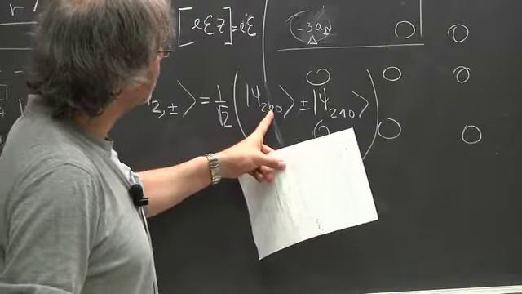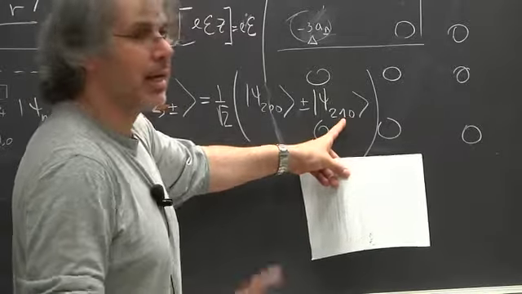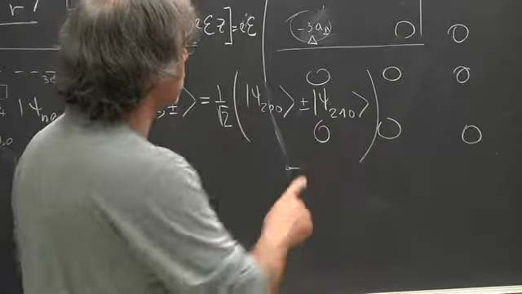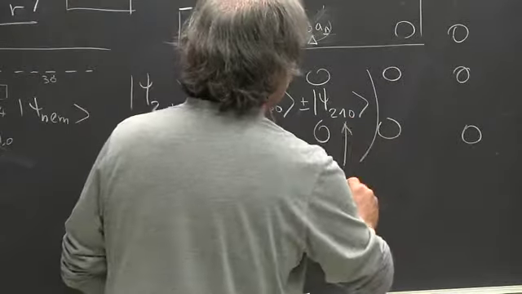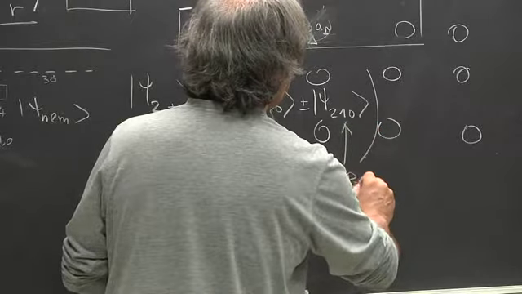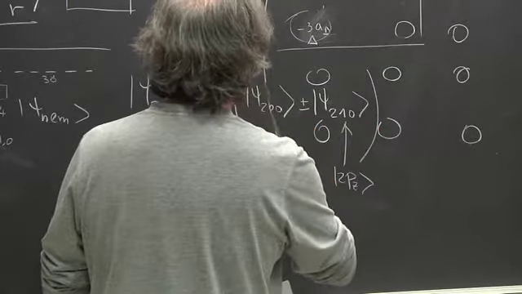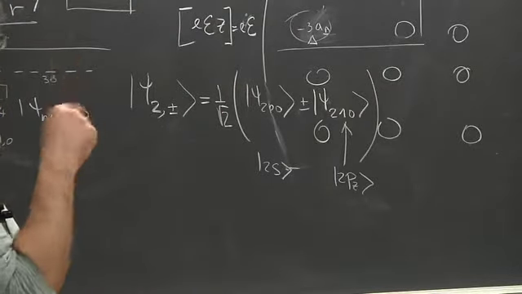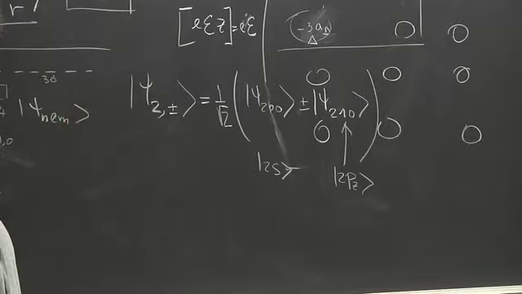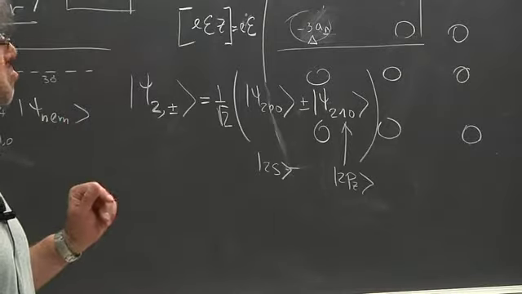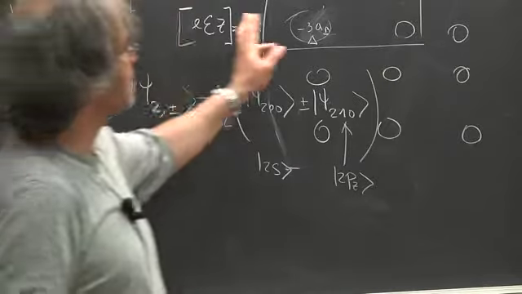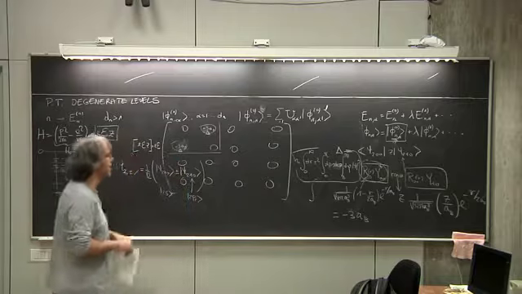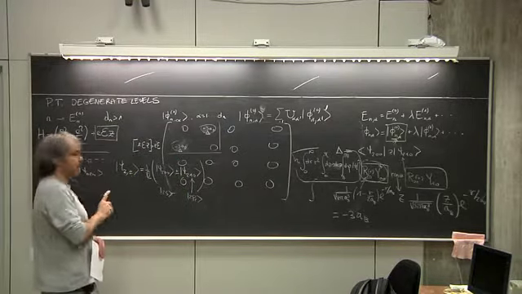So I mix the 2s with the 2p with m equals 0. You know, by the way, that this is also called pz. This is really the 2pz orbital, and this is the 2s orbital. So the L equals 0 coincides with the pz. The other two are just untouched by anything. The other two continue to remain plus 1 and minus 1, but they are not touched by my perturbation.